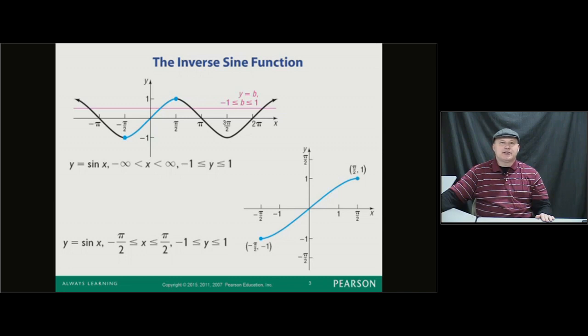So they took that blue snippet of the graph and rewrote it in its own coordinate plane. Between -pi/2 and pi/2, it's 1 to 1.